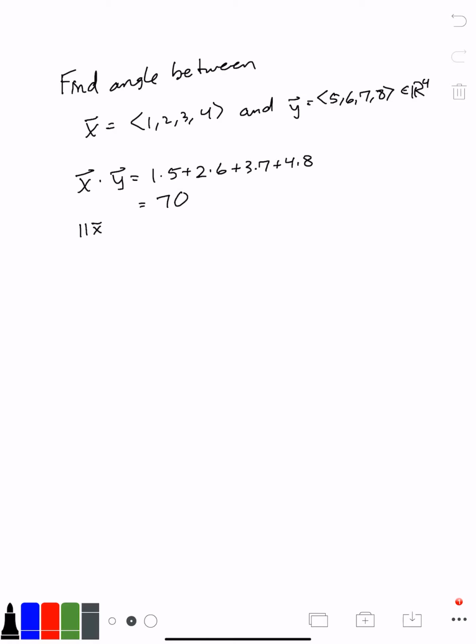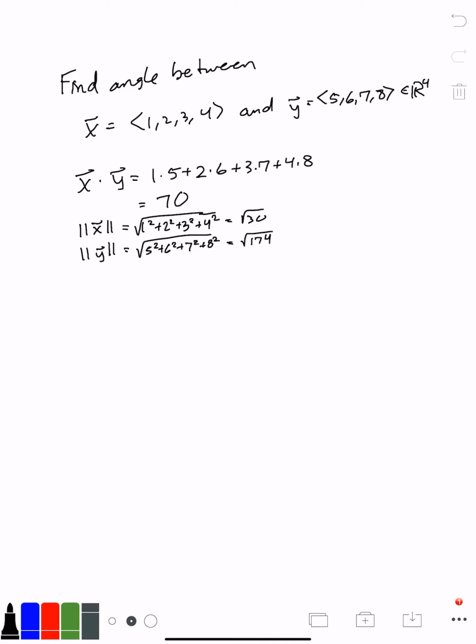We also separately calculate the length of x. That's going to be the square root of 30. And the length of y, let's see here, 25 plus 36 is 61, plus 49 is 110, plus 64 is 174.